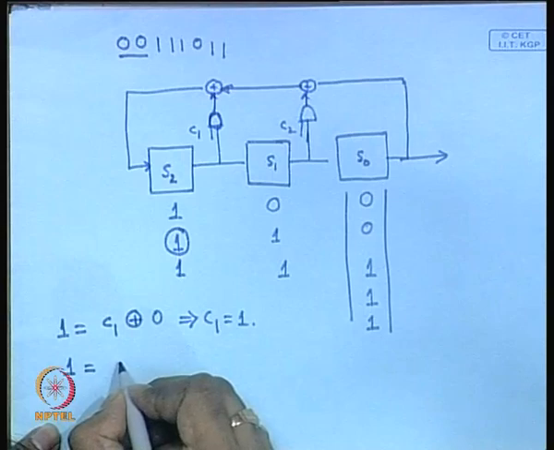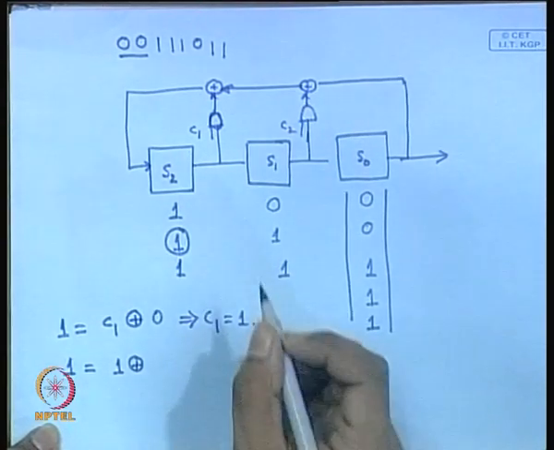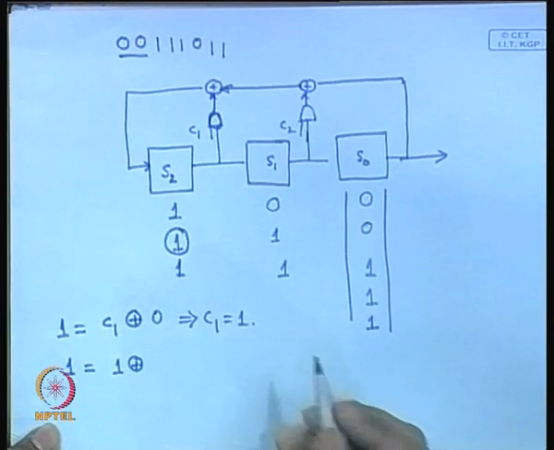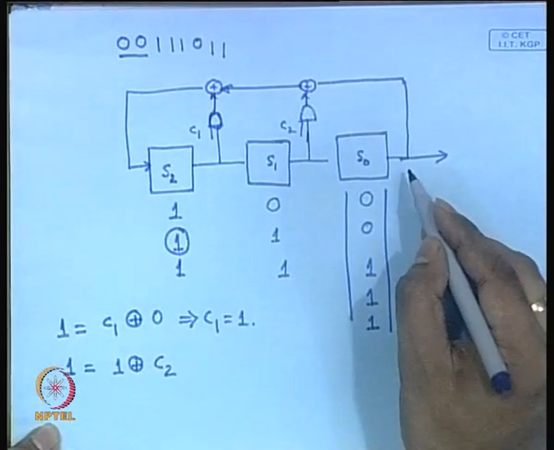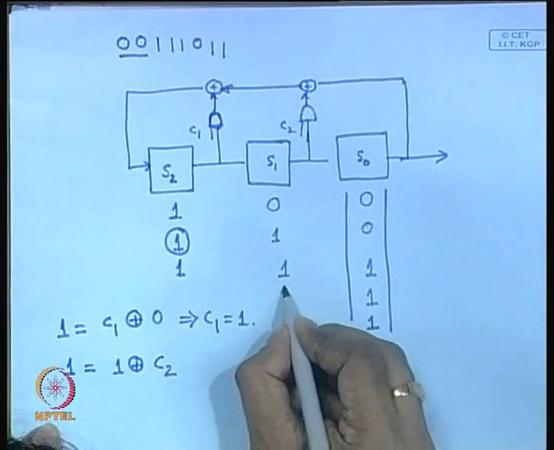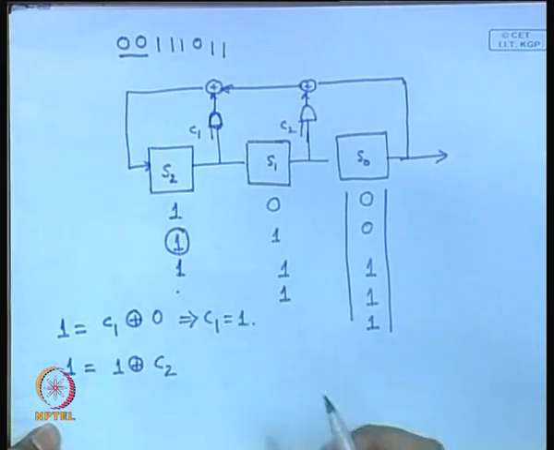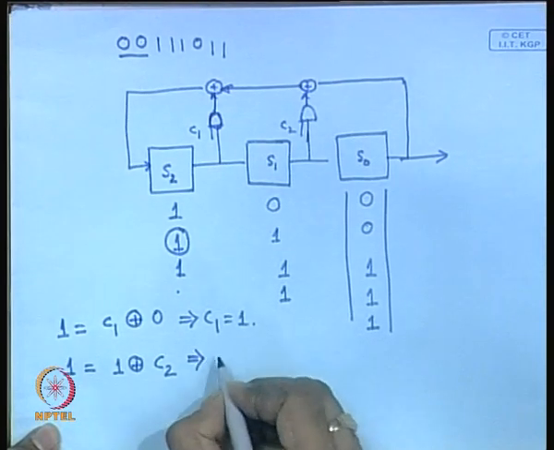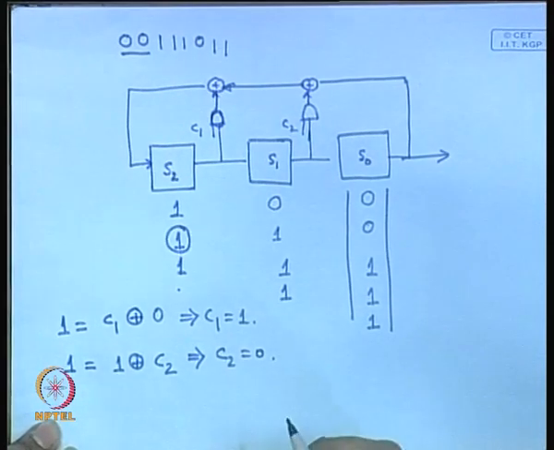So, if it's 1s or C1, no, C2. That's fine. So, what is the value of C2? It is 0. Okay. What about the next sequence?